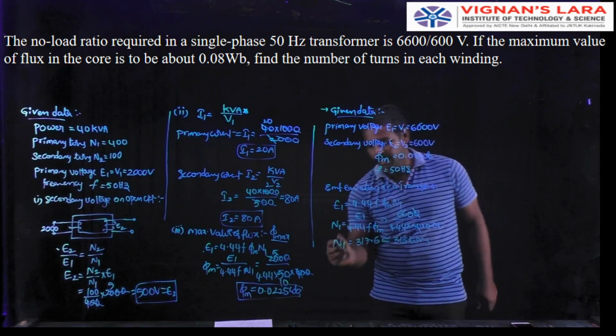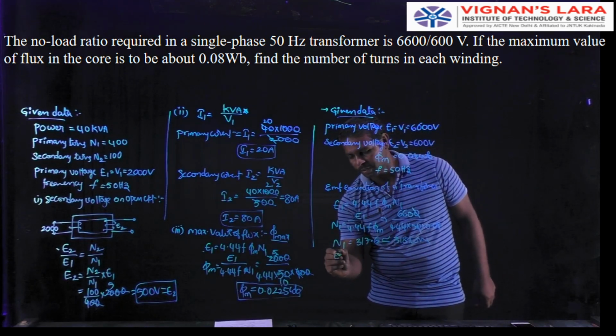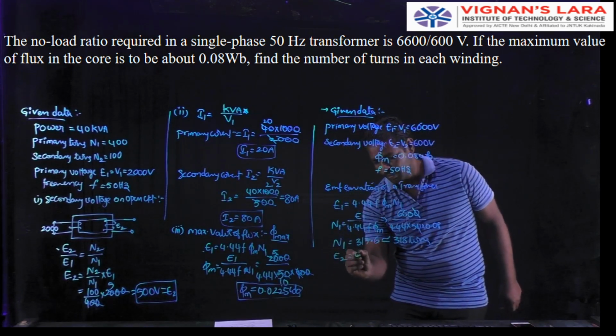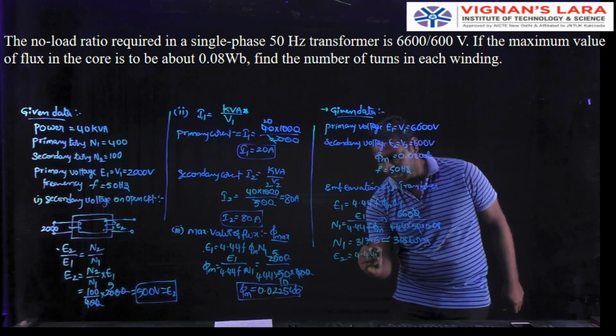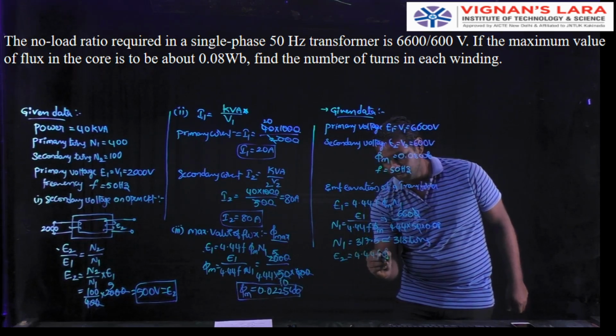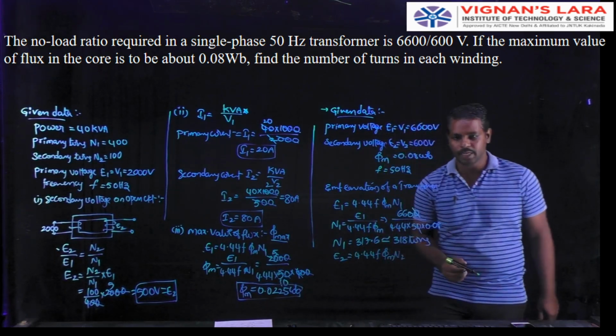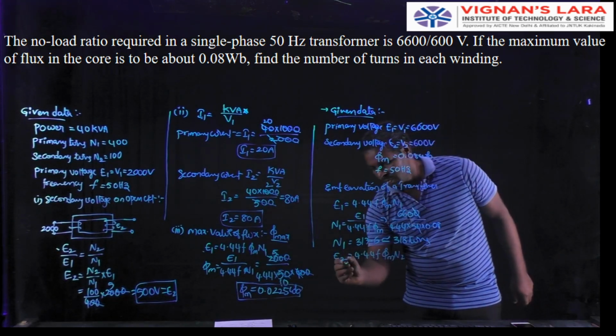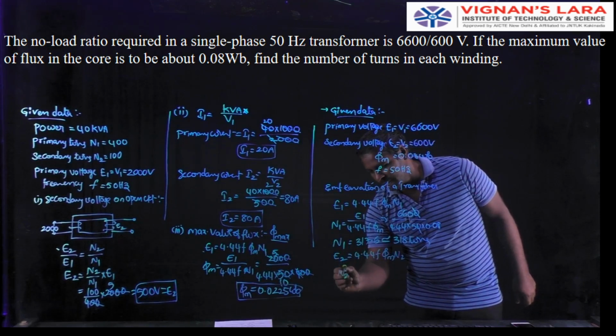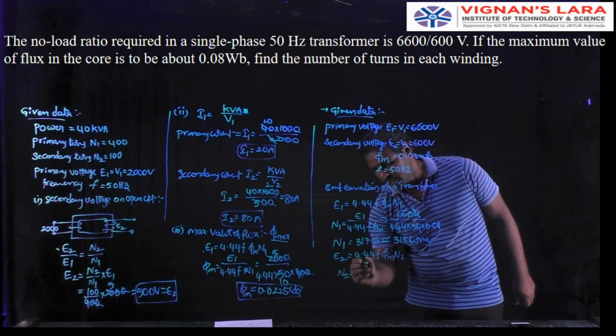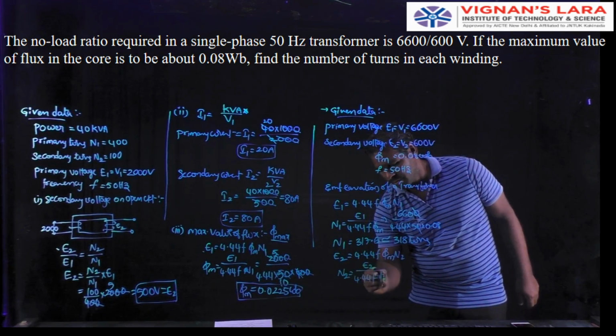Similarly, by using the second equation, E2 is equal to 4.44 into F into phi m into N2. Then N2, the number of turns in the secondary winding, is equal to E2 divided by 4.44 into F into phi m.